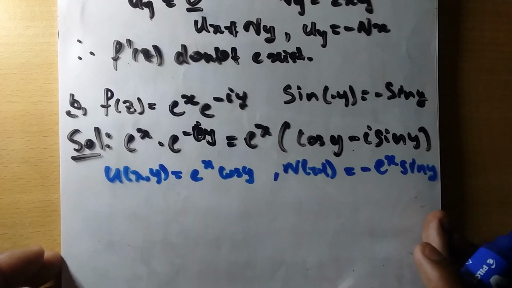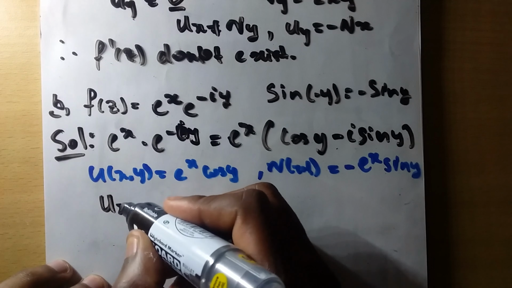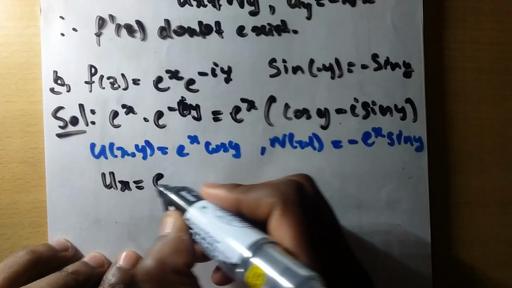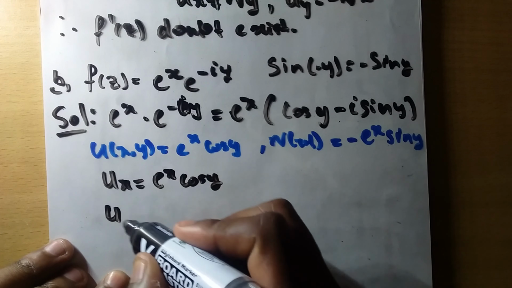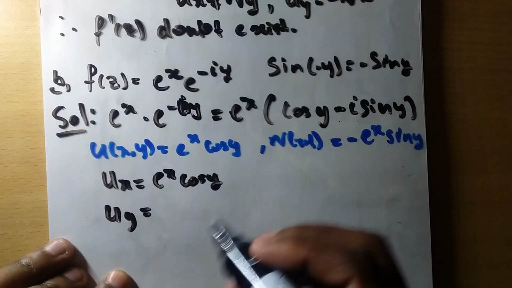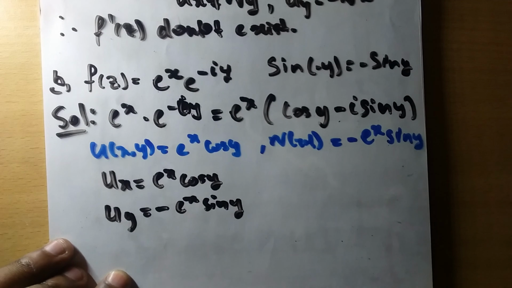So we have identified our u and our v. Now we need to find the partial derivative of u with respect to x, and we get e to the x cos of y, and the partial of u with respect to y, we get negative e to the x sine of y.